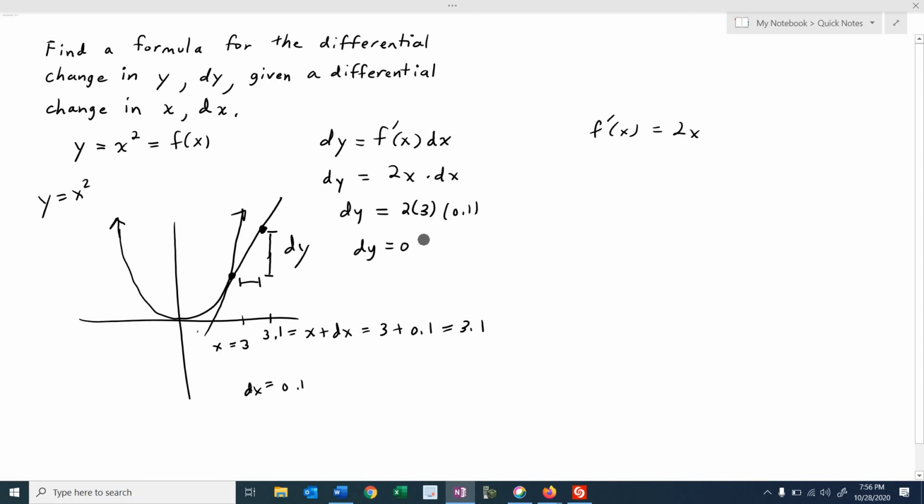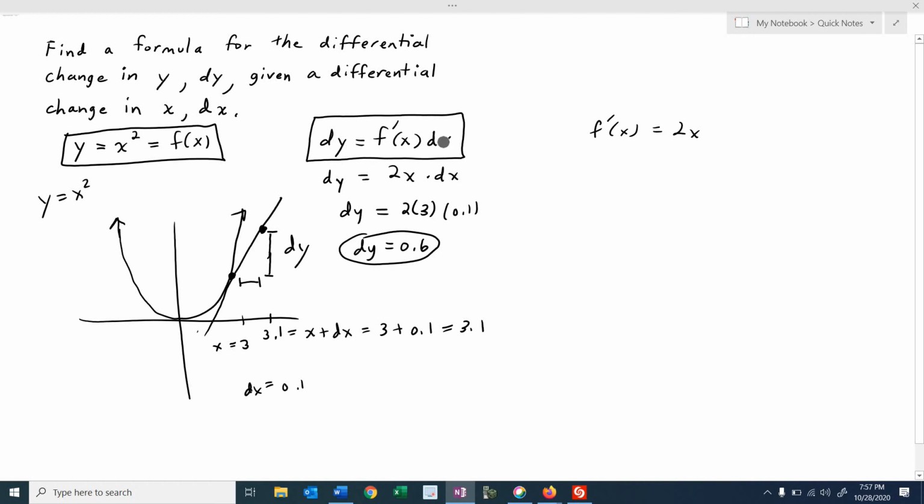Okay, so it's going to be 0.6. So that's just an example of how you would use this formula. In general, for this particular function, this formula describes the relationship between the differential change in x and the differential change in y. It's always dy is equal to 2x times dx.